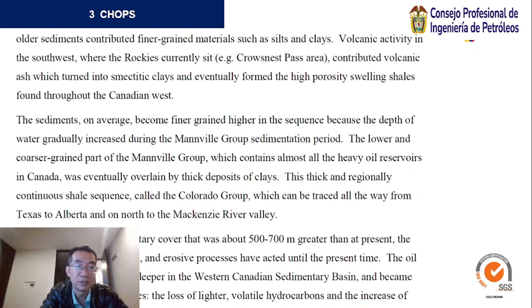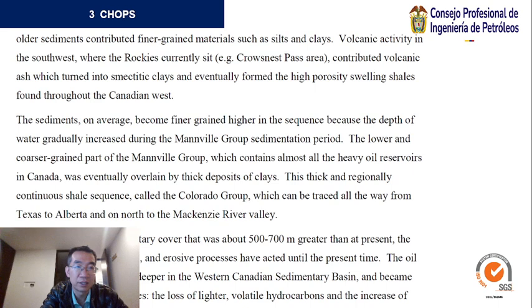The sediments of Alberta become finer grained higher in the sequence because the depth of water gradually increased during the Mannville group sedimentation period.